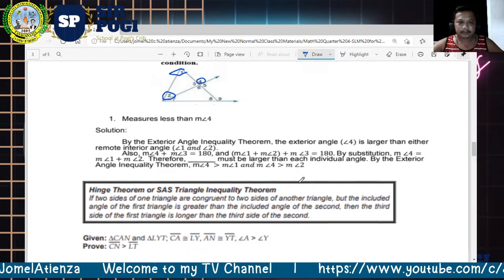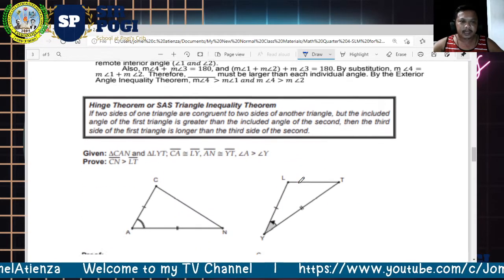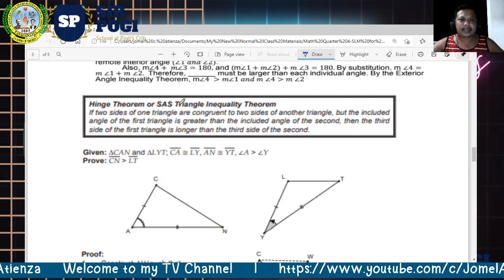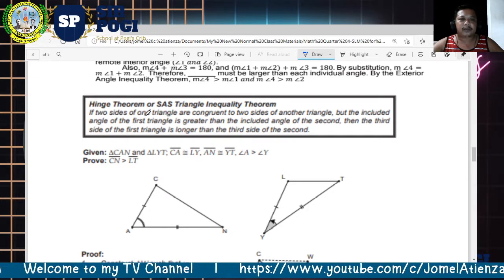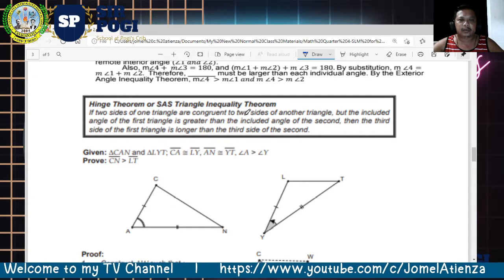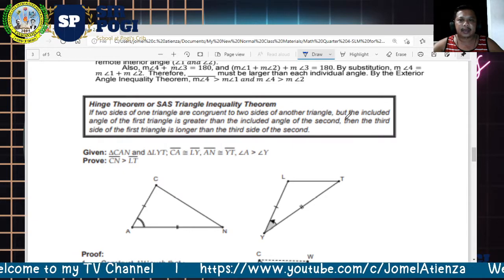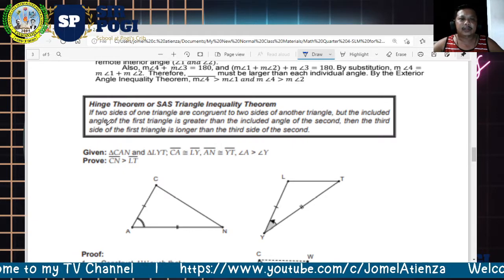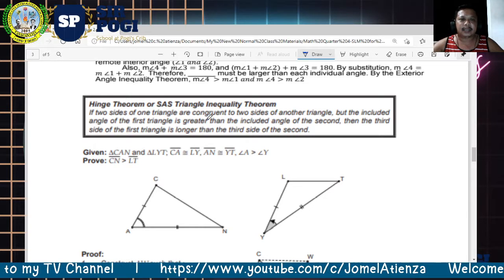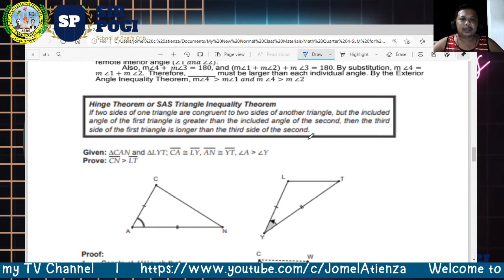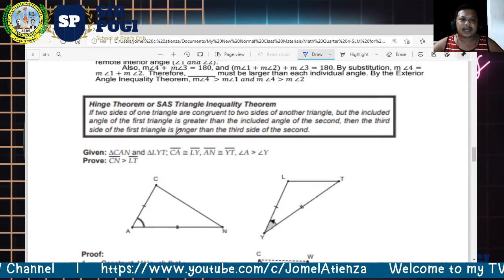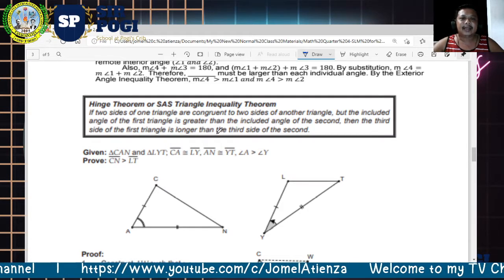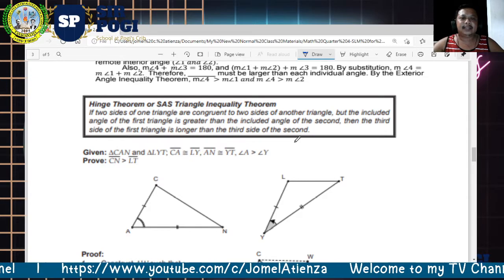Hinge theorem, or SAS Triangle Inequality Theorem: if two sides of one triangle are congruent to two sides of another triangle, but the included angle of the first triangle is greater than the included angle of the second, then the third side of the first triangle is longer than the third side of the second.